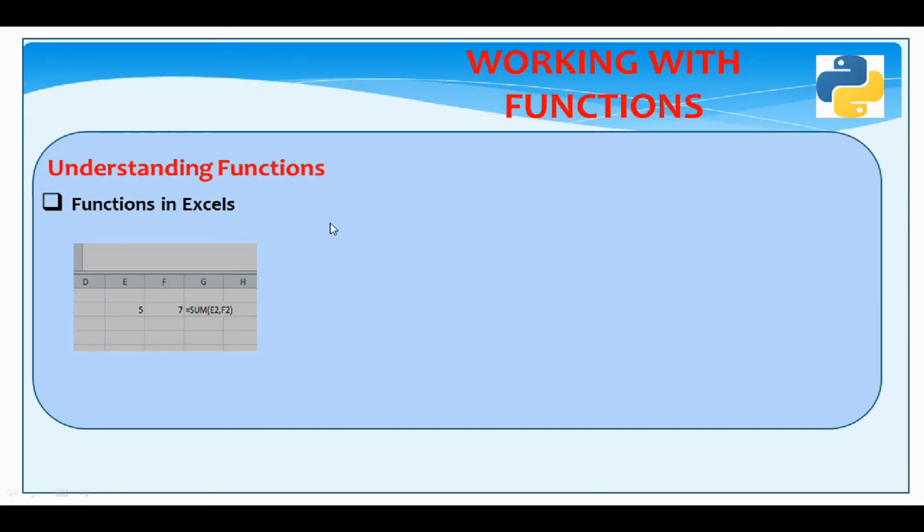If I try to explain the meaning of functions, you are already using functions from lower classes when you were using Excel. There you used sum, average and various other functions which accept values from you and then give you the results. For example, in this case the sum function is adding the two values in the cells E2 and F2 and then giving you the sum of these two numbers.